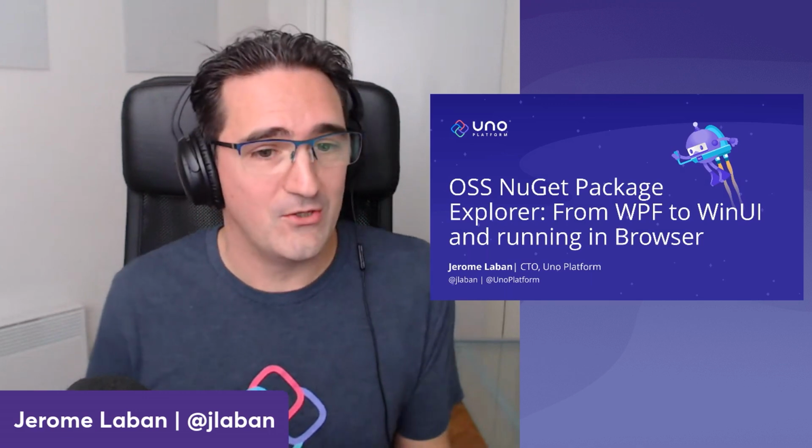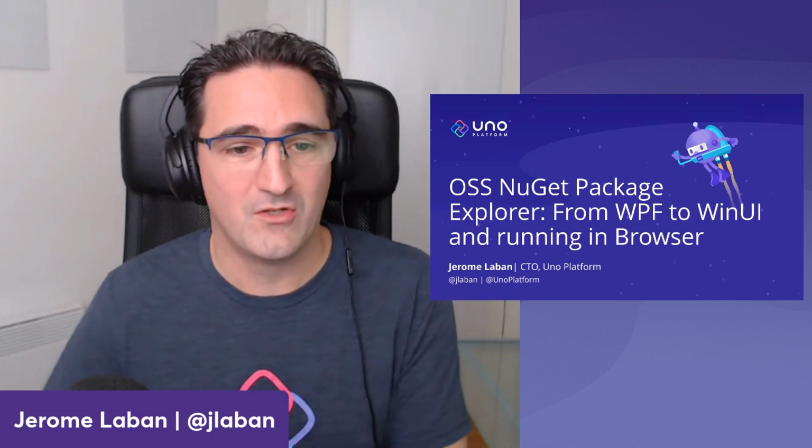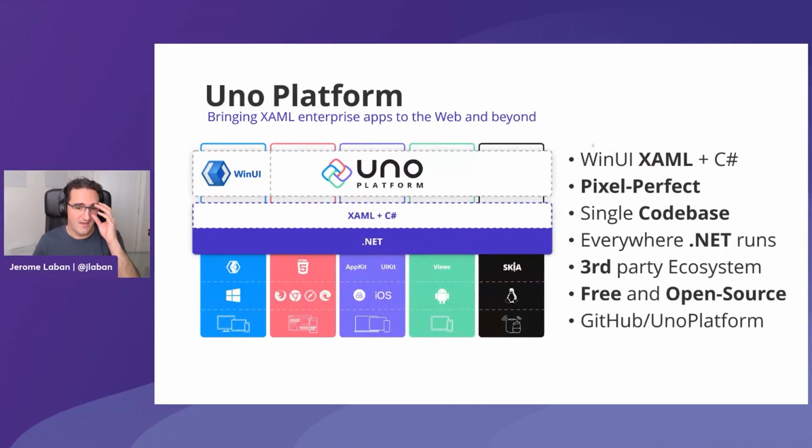So before I get into this, I'm just going to talk quickly about what the Uno platform is, because it's going to explain how we got there. Uno platform is all about bringing applications to the web and beyond. So that means that it's the WinUI XAML in C# about being pixel perfect, single code base, runs anywhere .NET runs.